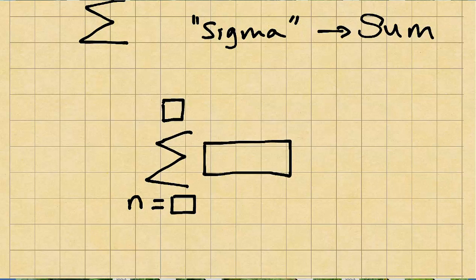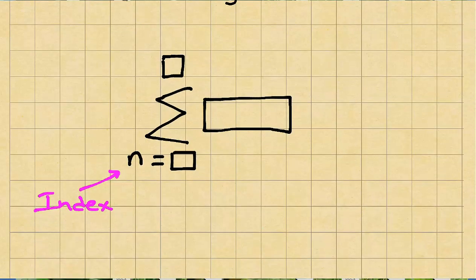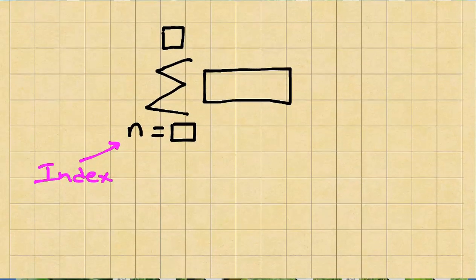So let me write what everything is. This is the index. Some people might even think of this as the variable.